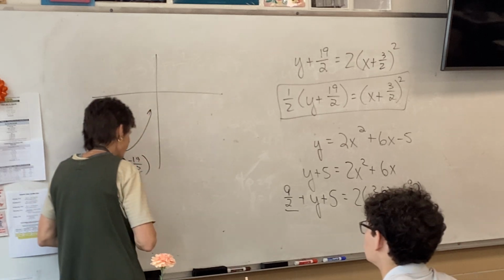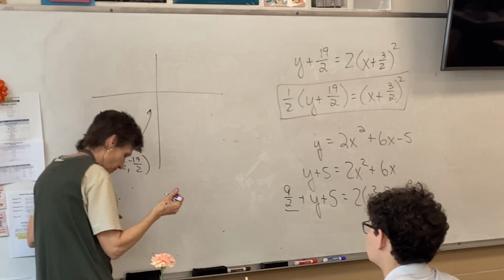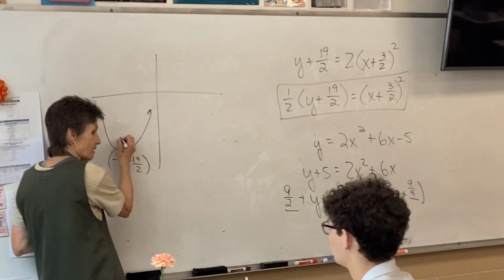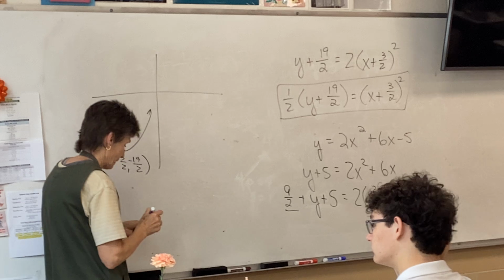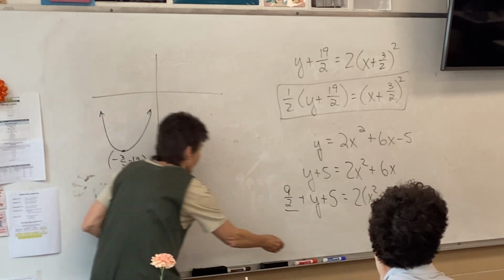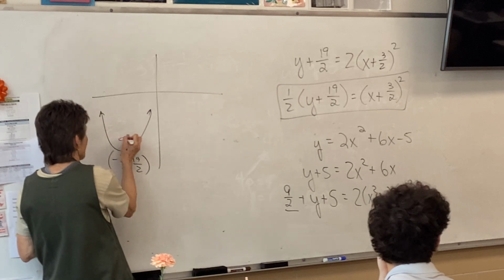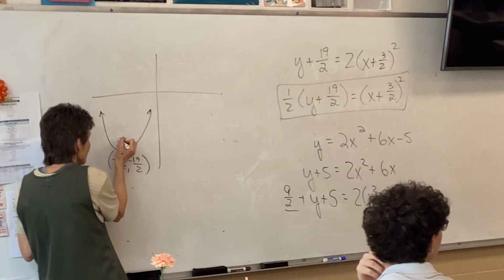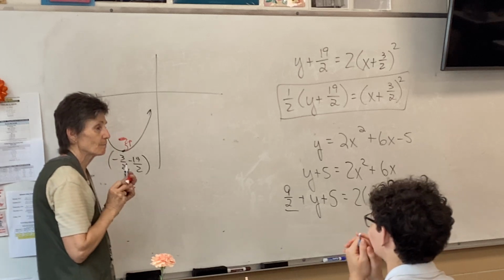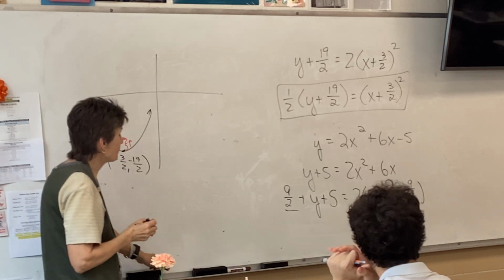Which means that my focus is right there. So here's my focus. And I have to know how far up to go. So I'm going to come over here to my equation.